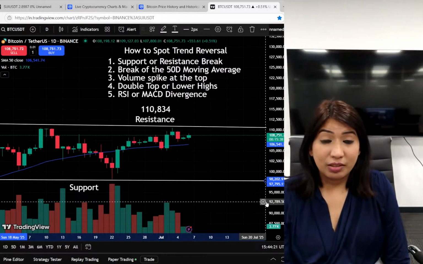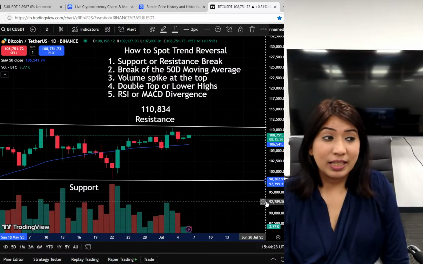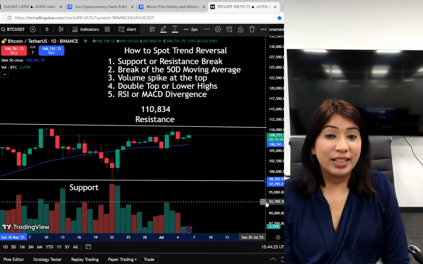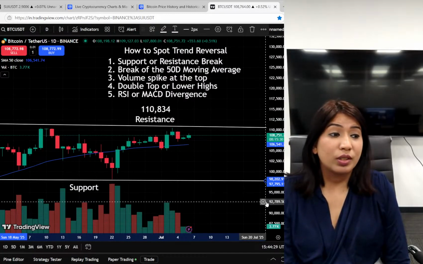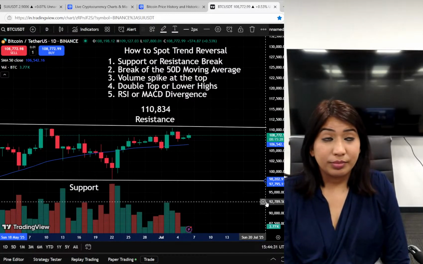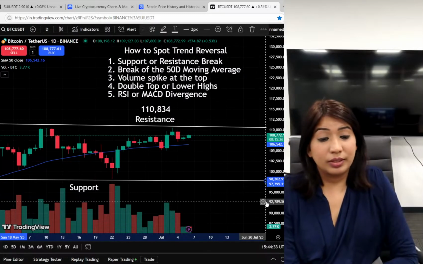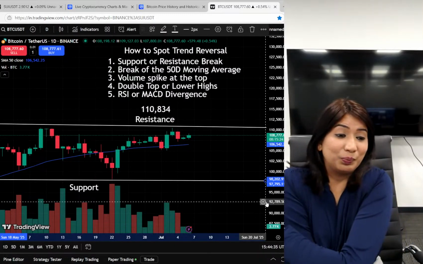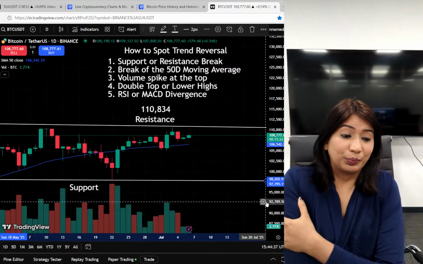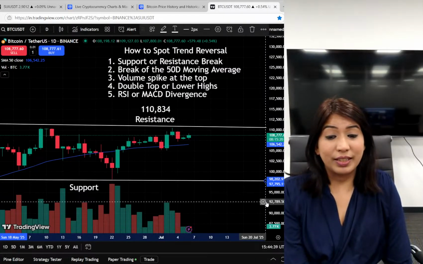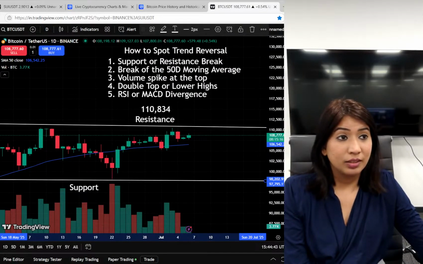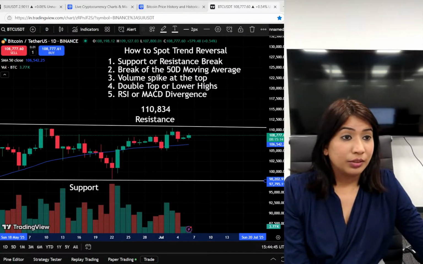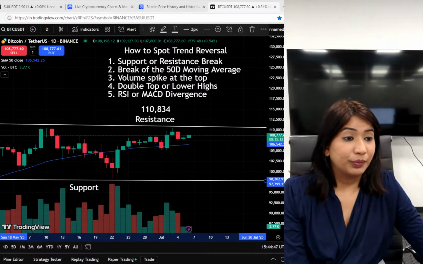RSI with more than 70 overbought territory or less than 30 oversold territory, all those things kind of impact. So yeah, that is what you need to look at. And MACD as well.